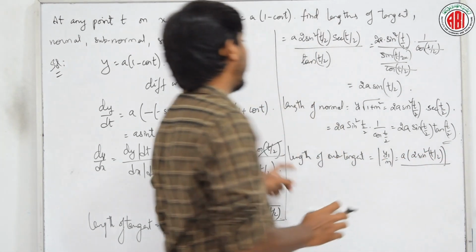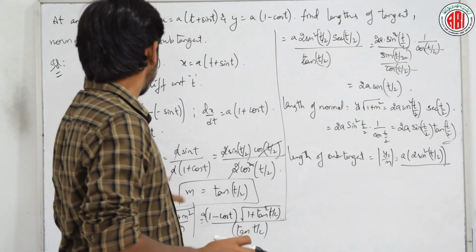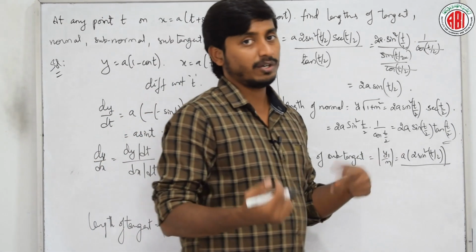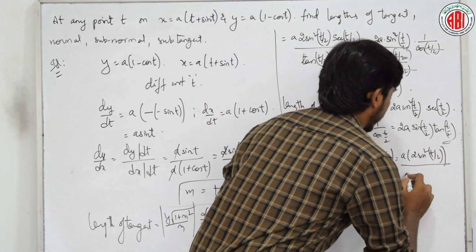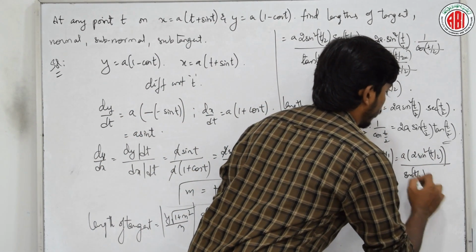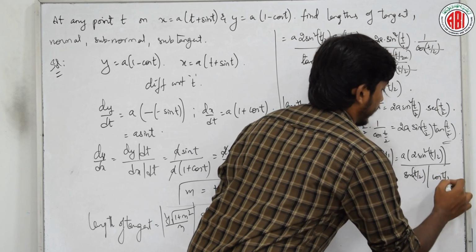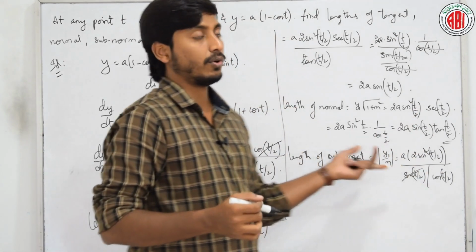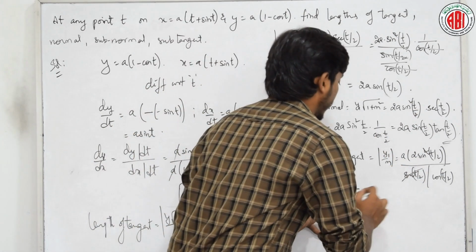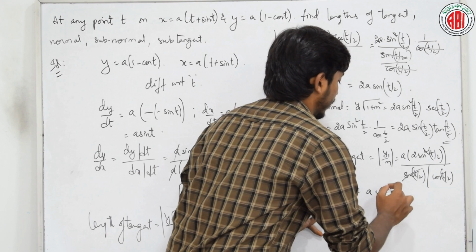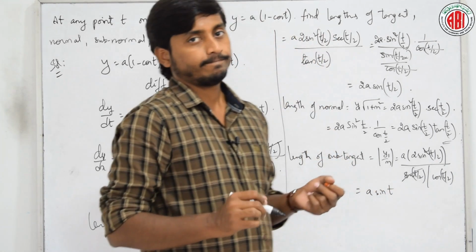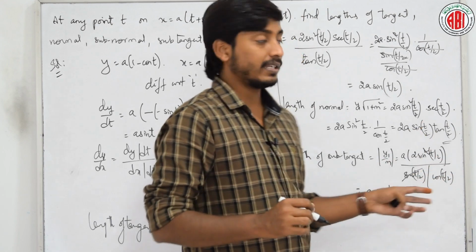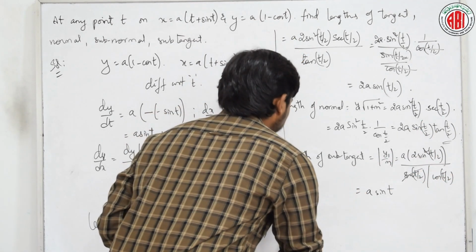What is m? m is tan t by 2, which can again be written as sin t by 2 by cos t by 2. One sin will get cancelled, and this cos will go to the numerator. That will be a sin t. Yes or no? Why? Because 2 sin t by 2 cos t by 2 is nothing but sin t.